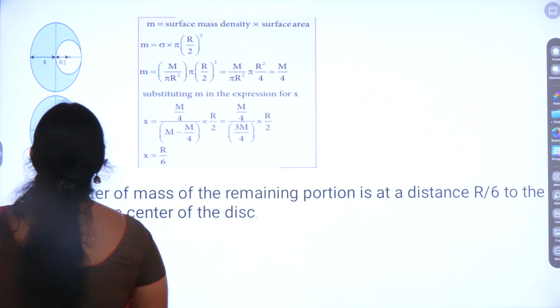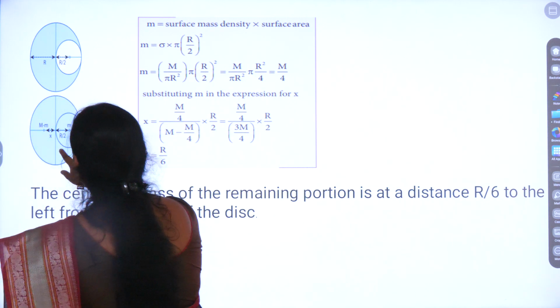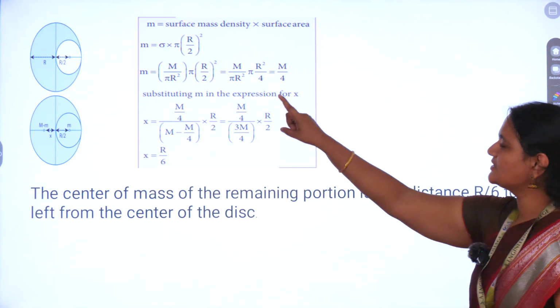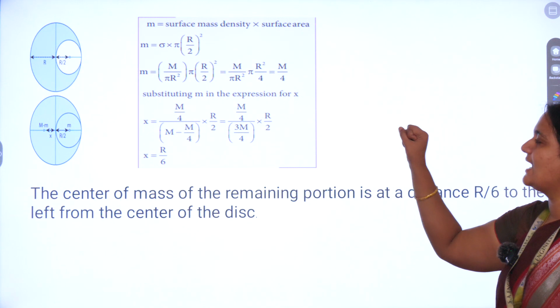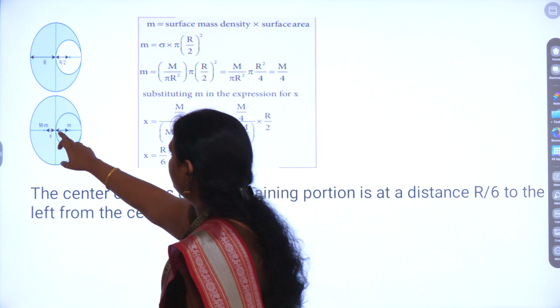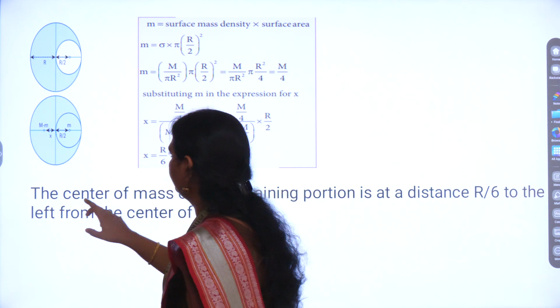Here in this condition, the mass of the bigger disc will be capital M, and the radius of the bigger disc is capital R. You are cutting the portion which is R by 2 from this bigger disc, and you are going to calculate the center of mass for this portion.